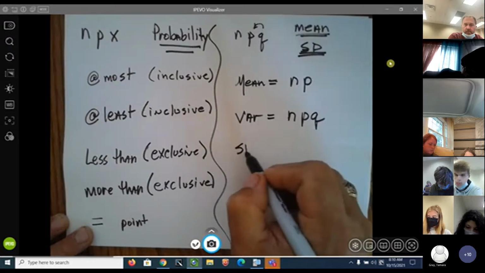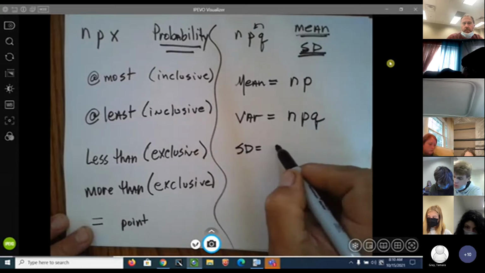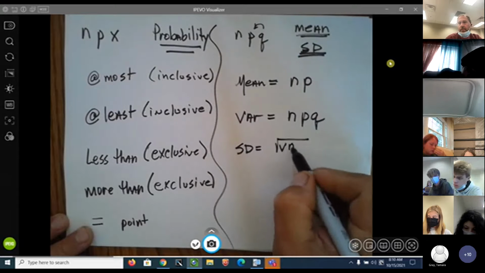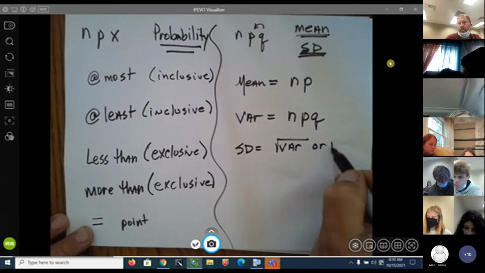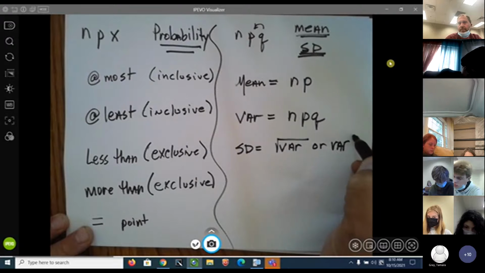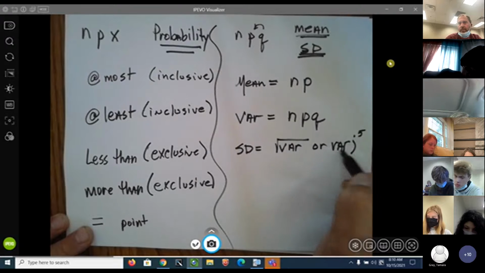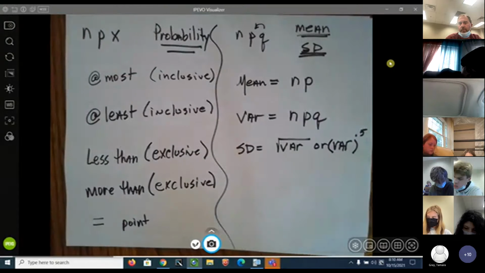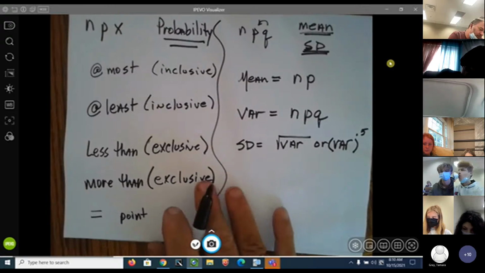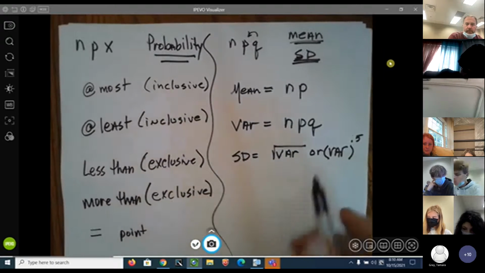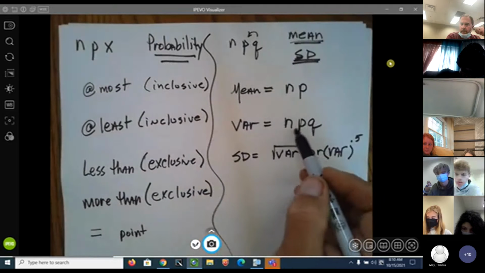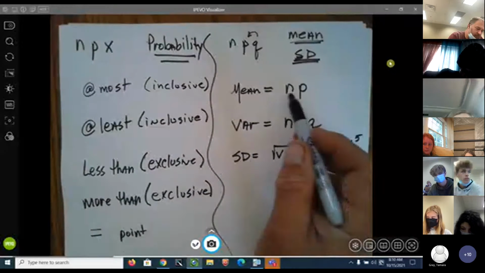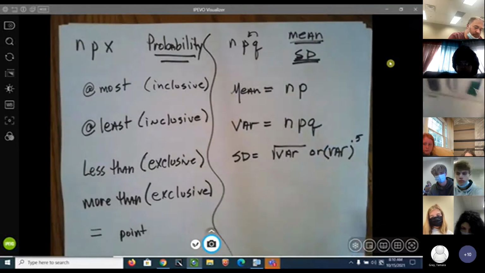And the standard deviation is equal to the square root of the variance, or variance raised to the 0.5 power. Now, you don't need this on the calculator because all you have to do is punch in numbers and multiply. That's not hard.